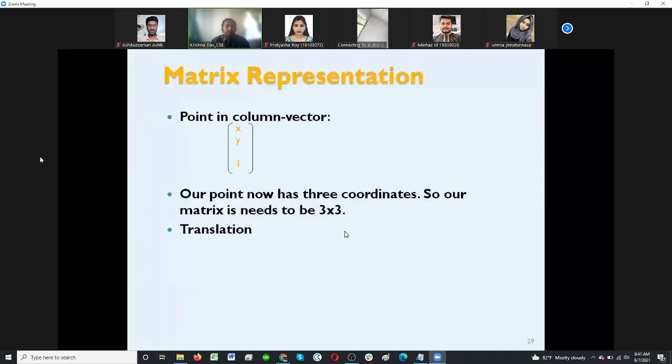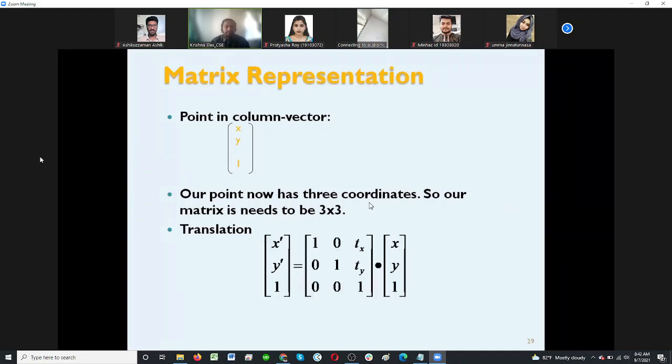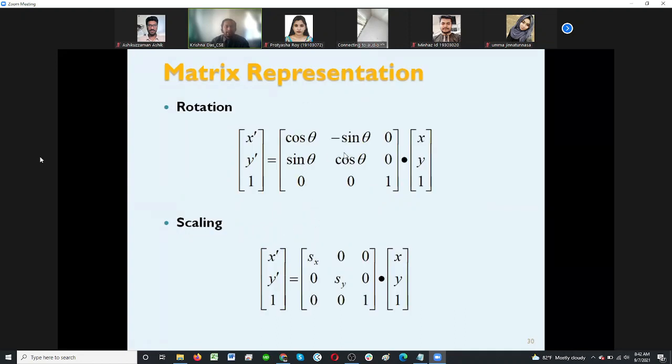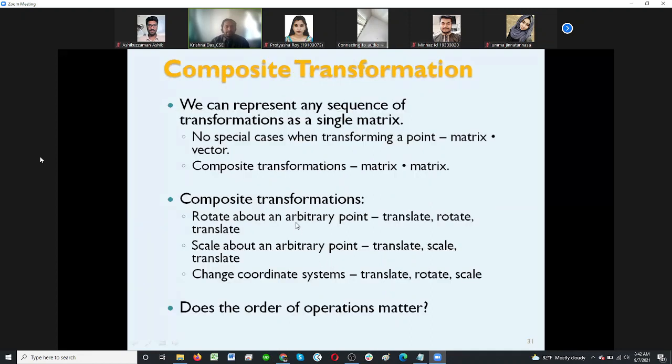The z coordinate is especially 1 in that homogeneous coordinate, and that will give our formula. You have discussed this in this form for translation, rotation, and scaling. Okay, so now we are going to start discussing composite transformation.